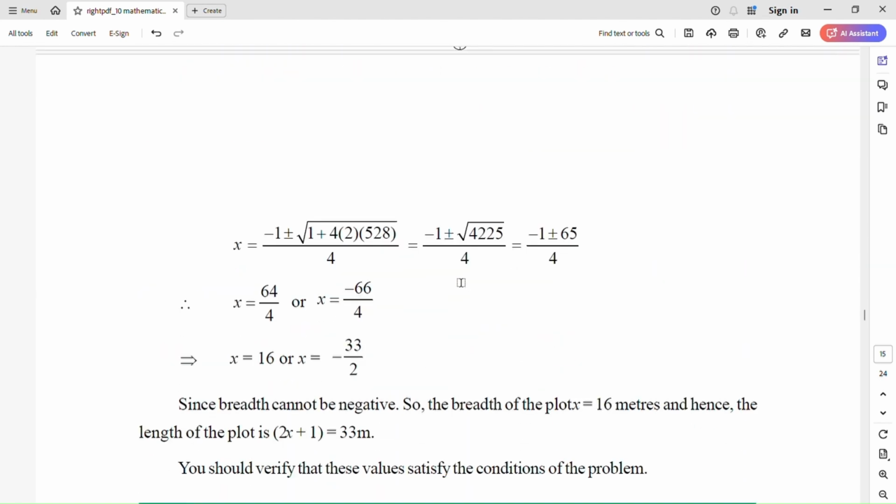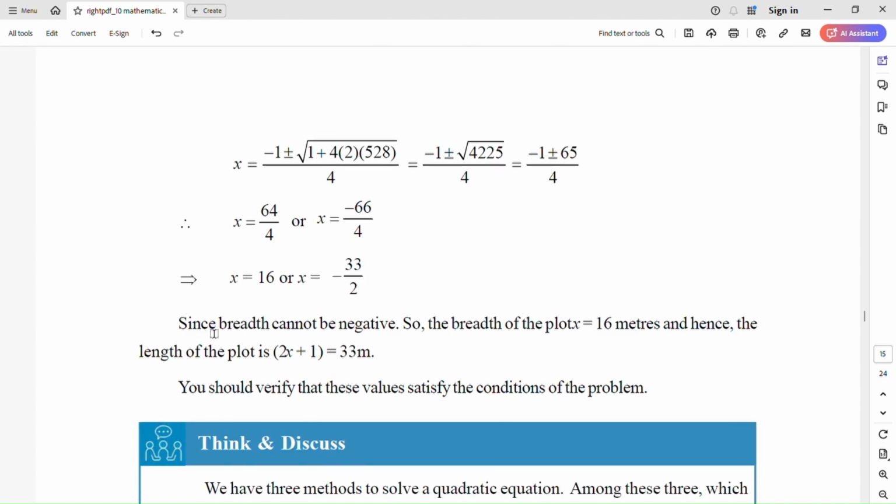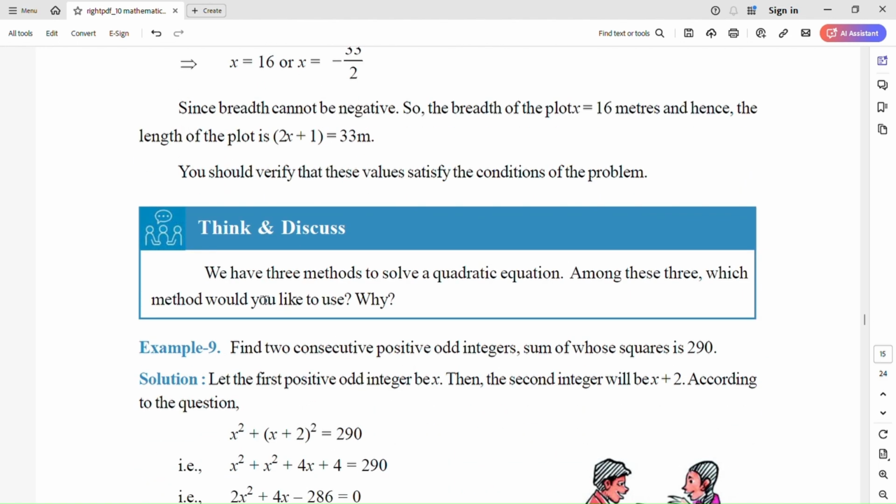If you substitute, you get minus 1 plus or minus 65 by 4, which is x equal to 64 by 4 or minus 66 by 4. In other words, x equal to 16 or minus 33 by 2. As you know, breadth cannot be negative, so x has to be 16. This is the solution.